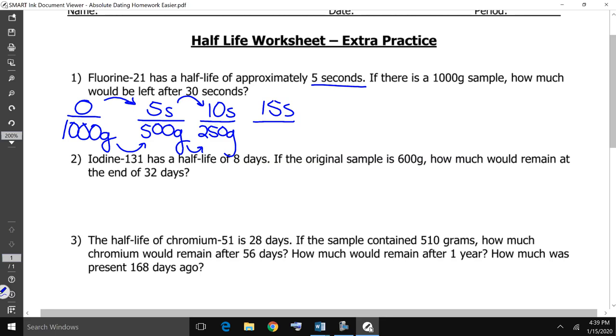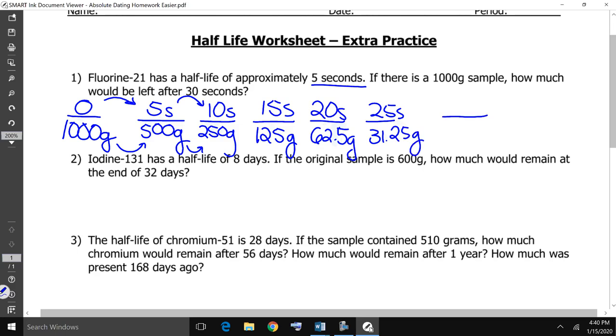Time always increases, the amount decreases. So this bottom one is now at 125 grams. And then we keep going until we get to the correct answer. 25 seconds is 31.25 grams.